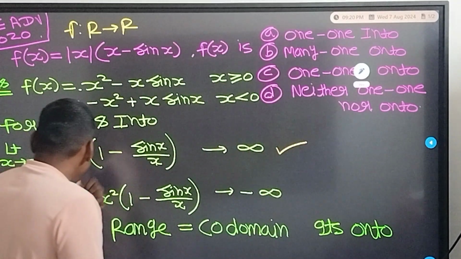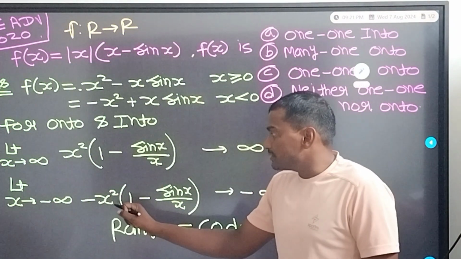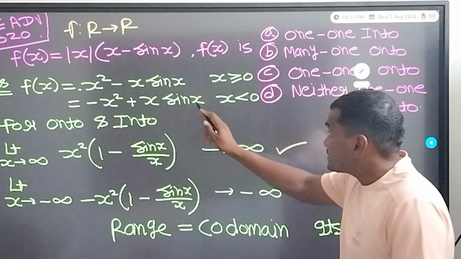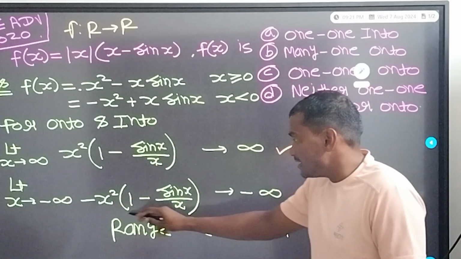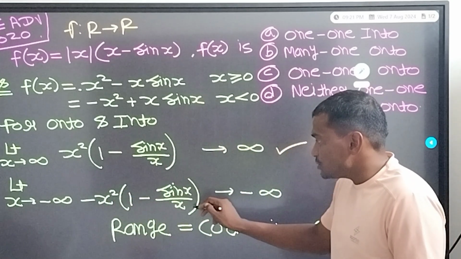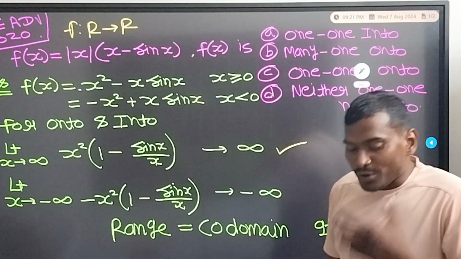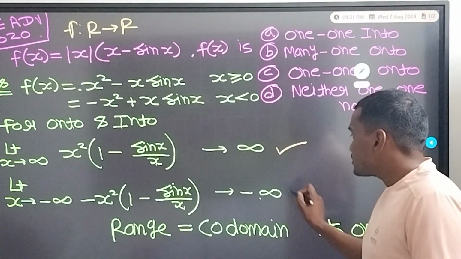Similarly, if x is going to minus infinity, x is negative, we will take the second branch. From second branch, we are taking minus x square common. Finally, we got this. This will go to 0. We will get minus x square, that is minus infinity. So range of the function is from minus infinity to plus infinity.